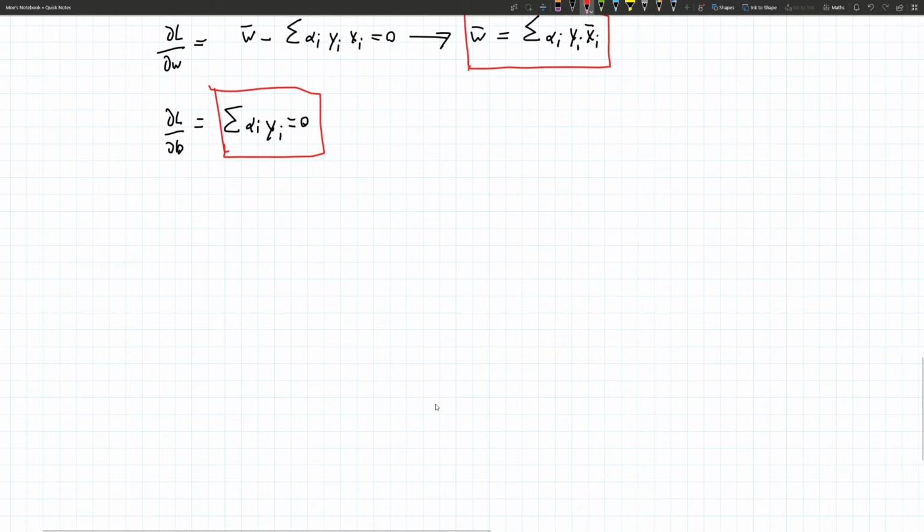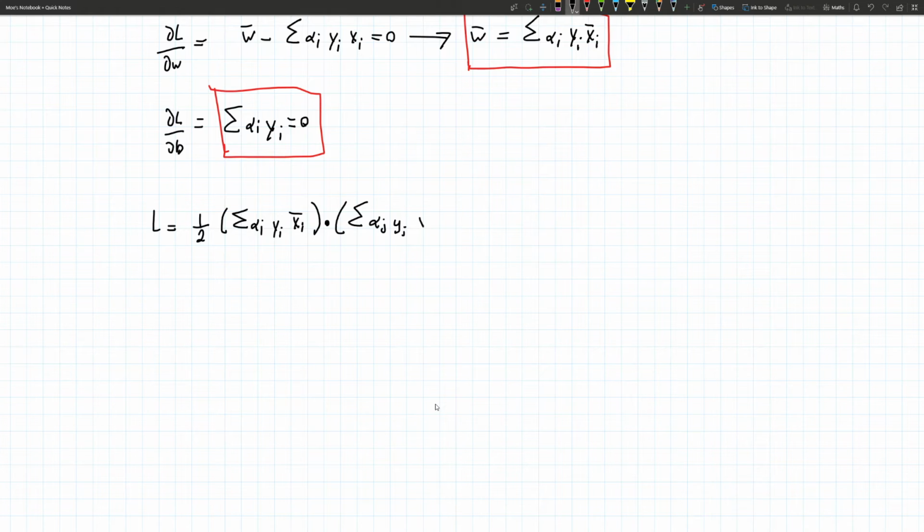So we get L equals half of the sum of alpha i y of i x of i, dotted with the sum of alpha j y of j x of j.